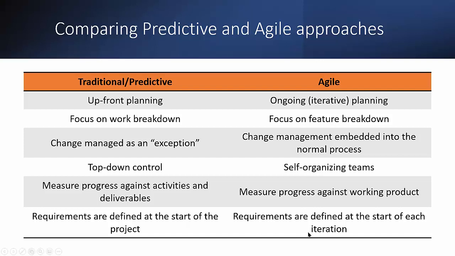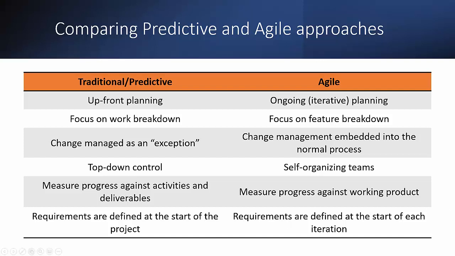While in an agile approach, requirements are not defined at the beginning of the project and then delivered throughout the project, but they are defined and redefined at every iteration. And therefore, at the beginning of each iteration, we decide what we will be doing in that iteration only. And what will be done in the next iterations is defined at the beginning of the next iterations.